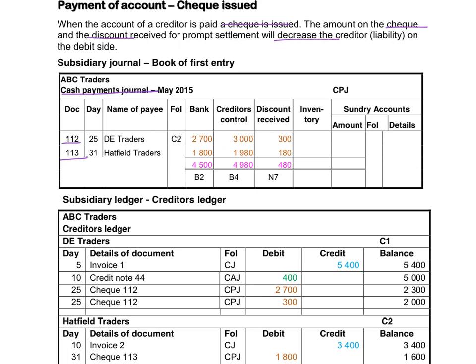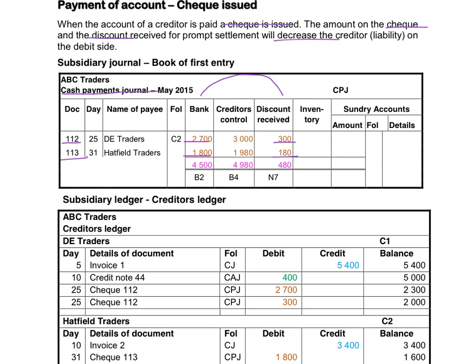In the bank column, you will record the amount that's written on the check, so that's the total amount. In the discount column, we will enter the amount that we received as discount. And in the creditors column, we will add the check amount plus the discount amount together to see what is the total amount that must reduce my creditors.